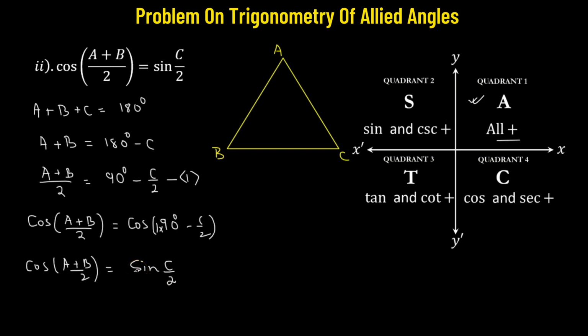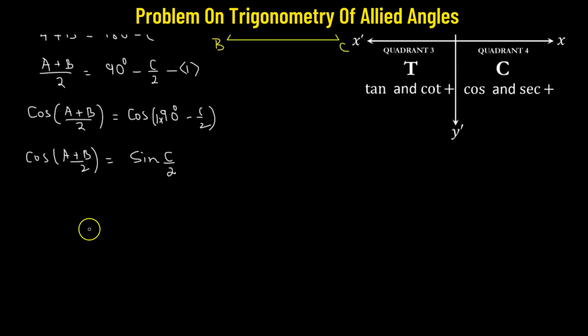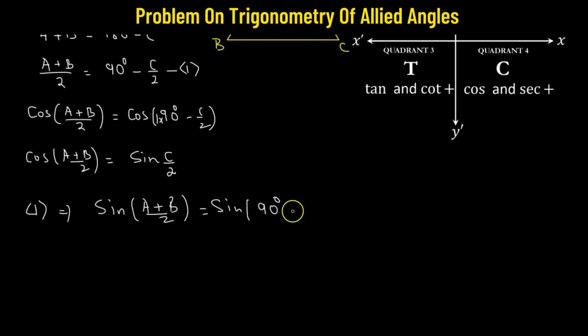Next, we're going to take equation number 1. Following from equation number 1, instead of cosine, we're going to this time take the sine. So we're going to take sine of (A plus B) over 2 equals, taking the sine on both sides, sine of 90 degrees minus C over 2 on the right hand side. So let's keep the left hand side untouched. So we have sine of (A plus B) over 2.